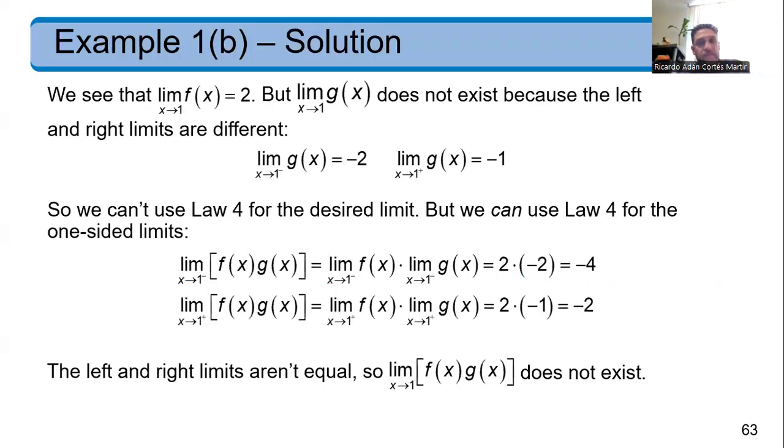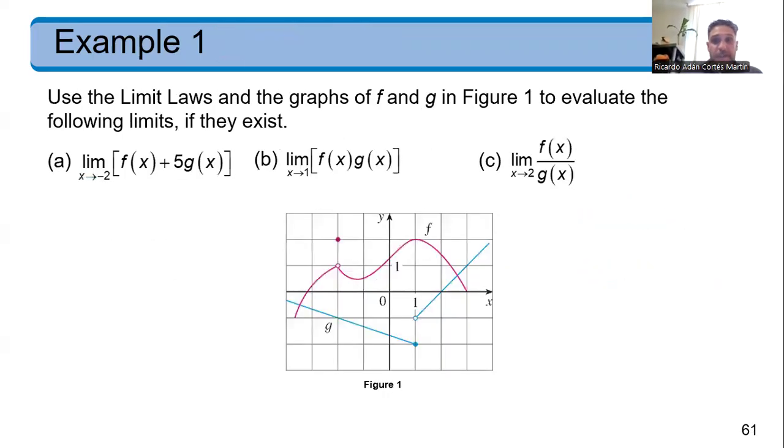Okay, now for the second part. So what happens with the limit of this times this? Well, when x tends to 1 on f, what's the limit here? Well, it can be seen that it is 2. But what is the limit of g?